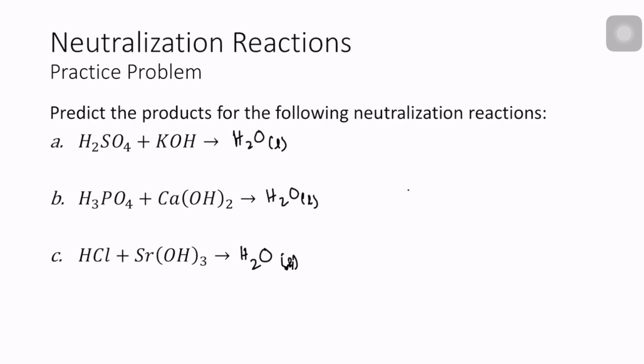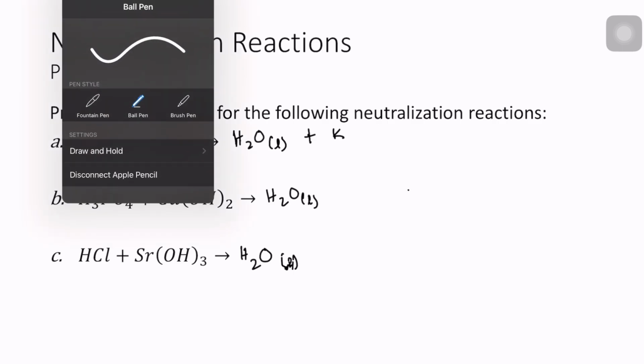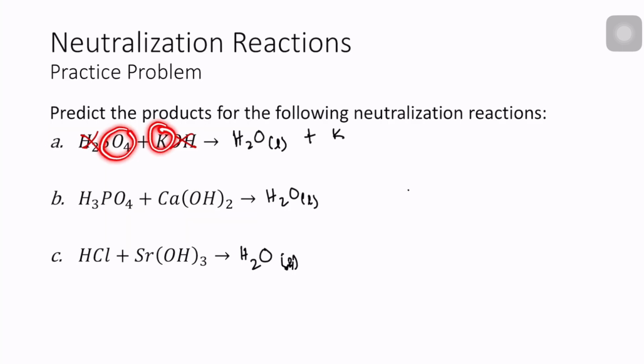So after I take water out of sulfuric acid and potassium hydroxide, the cation I'm left with is potassium. And the way you can think about it is you literally can just cross these out too. And you can see I'm left with potassium and sulfate. Now, something that you need to pay attention to is sulfate requires two hydrogens in order to be charge neutral.